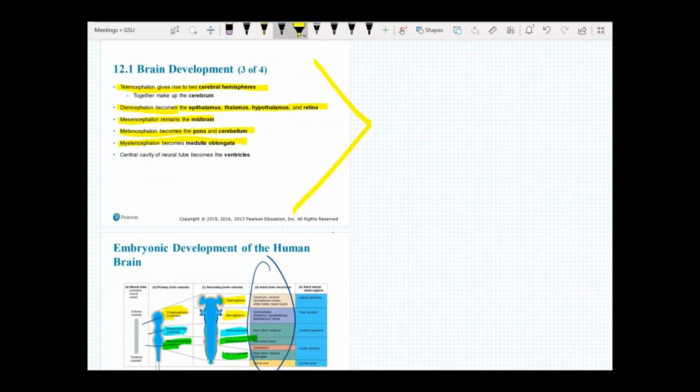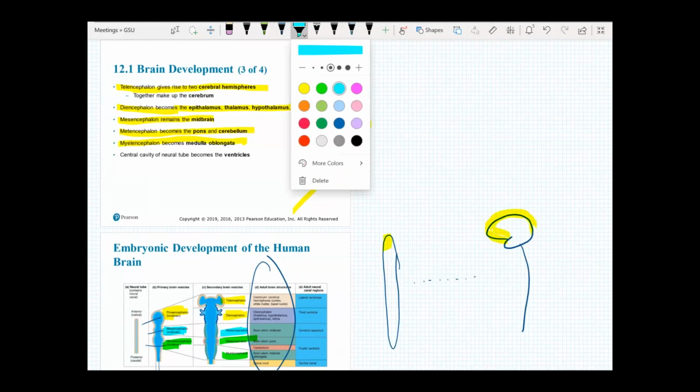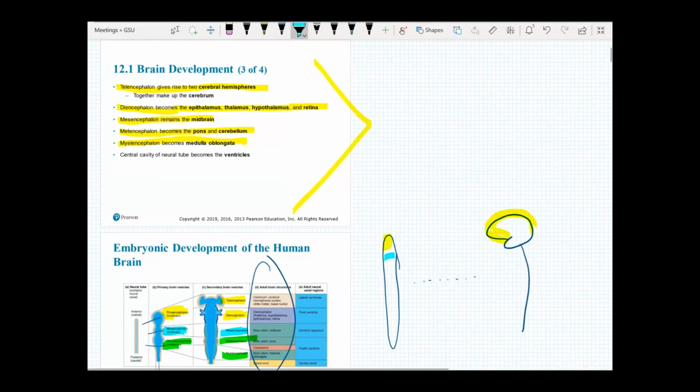So basically what we're doing is going from a neural tube that looks like this, and through a very complex process, our neural tube will become this and then this. These sections of prosencephalon were here, and then they become this section. The next part was your mesencephalon, which will stay here, and that will become your midbrain.